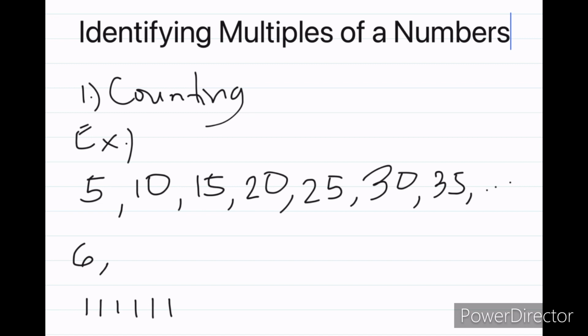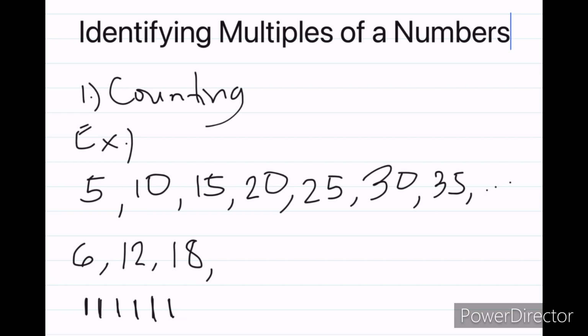So the next multiple of 6 is 12. Then count again 6, starting from 12: 13, 14, 15, 16, 17, 18. So, 18.